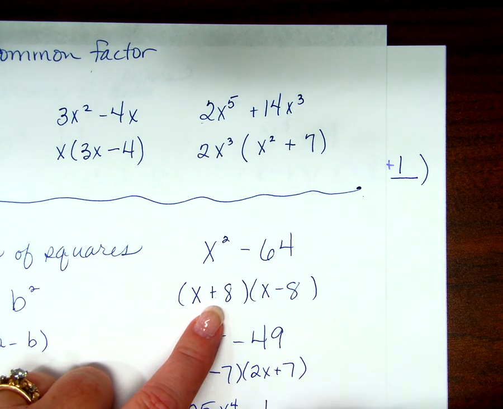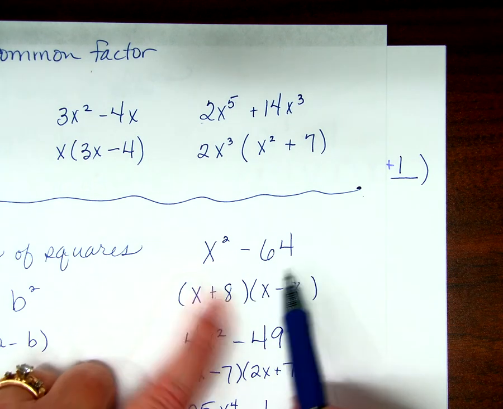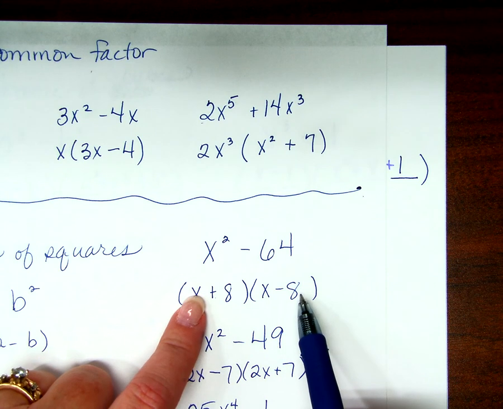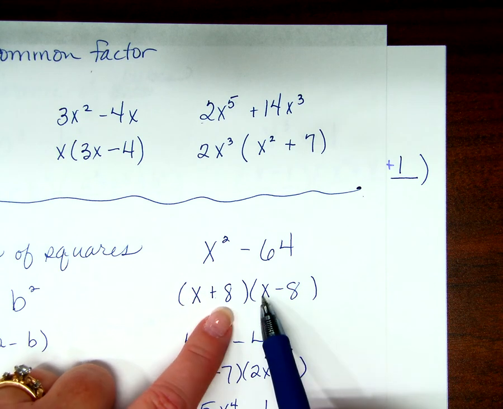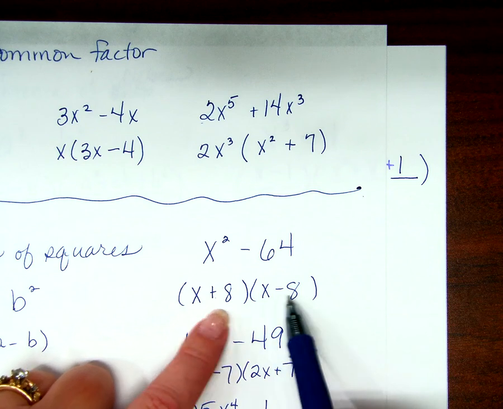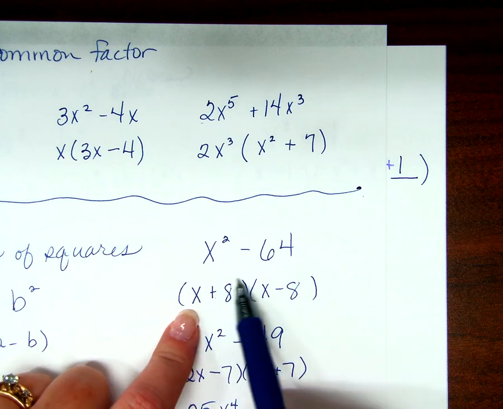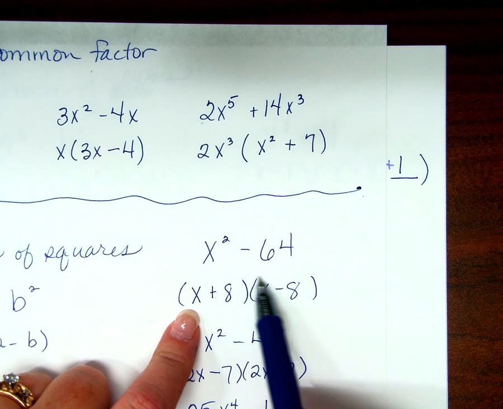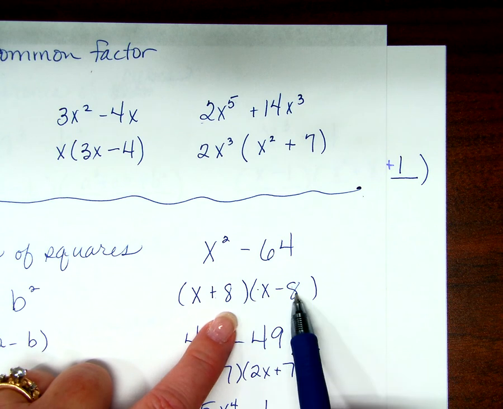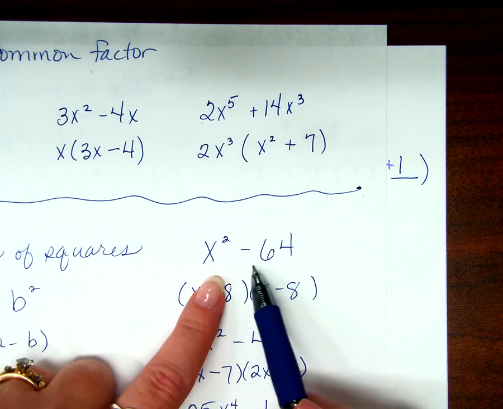We did long division and synthetic division, but isn't factoring a type of division also? So if I want to check to see if it's the right answer, couldn't I multiply this out? I would get x squared minus 8x and plus 8x, which would be 0, right? And then minus 64. Did I just end up with x squared minus 64?